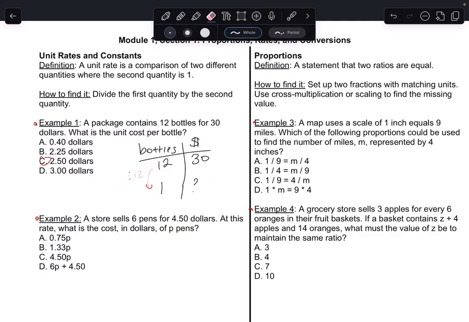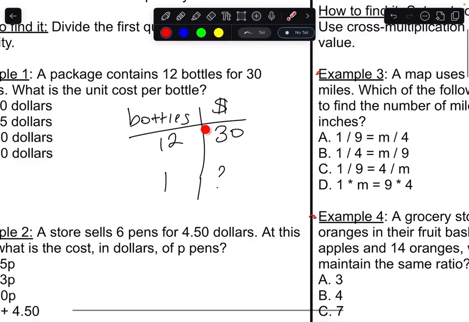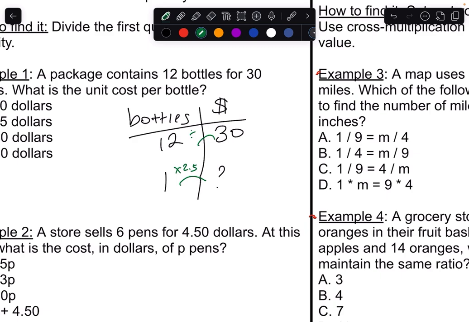For example, 12 times something gets you 30. I'm not really sure what that is, but if you do 30 divided by 12, which in this case would be 2.5, you could then multiply the 1 by 2.5. Proportions let you do a bunch of different things, and that's really good news.